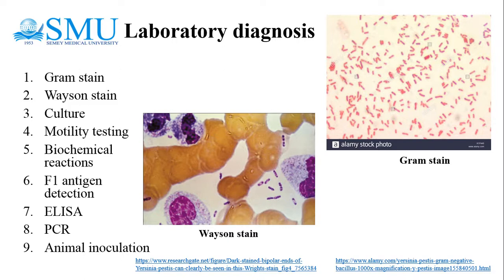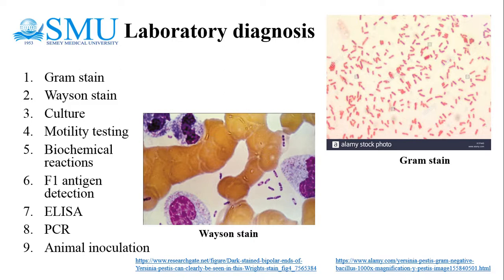Depending upon the type of plague, the specimens collected are: for bubonic plague, pus or fluid aspirated from buboes; for pneumonic plague, sputum and blood; and for septicemic plague, blood and splenic aspirate post-mortem. And as transport medium, Cary-Blair medium can be used if delay in transportation is expected.